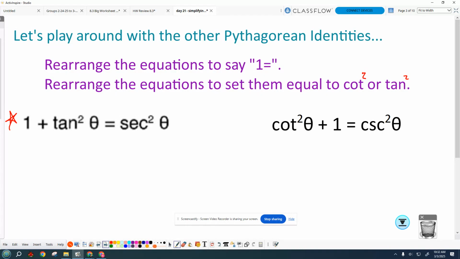It's going to be 1 equals secant, or you could also say 1 over cosine squared, minus tan squared. I know what you meant, and you said one thing wrong. For tan, you could also say sine over cosine. So what would 1 equal? 1 over cosine squared. Okay, I'm going to leave it as secant squared minus tan squared.